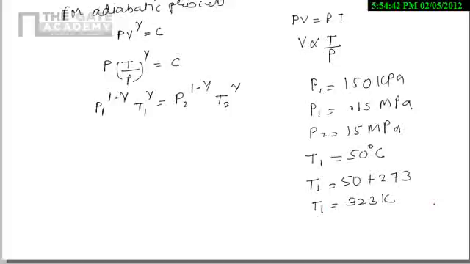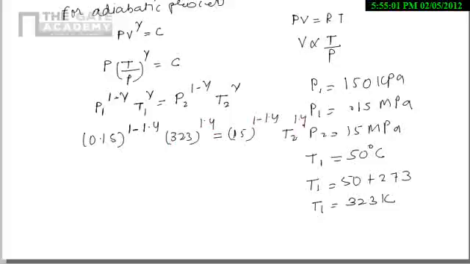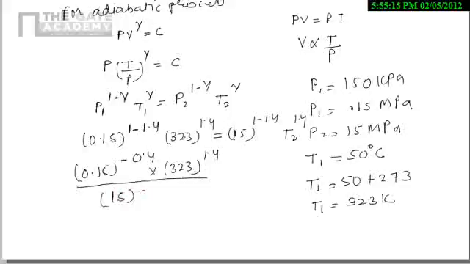If I put these values here, I will get 0.15 to the power 1 minus gamma, that is 1.4, T1 323 to the power 1.4, P2 15 to the power 1 minus 1.4, T2 to the power 1.4. So now if I calculate, 0.15 to the power minus 0.4 into 323 to the power 1.4, over 15 to the power minus 0.4 equals T2 to the power 1.4.